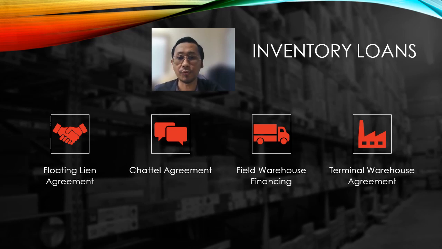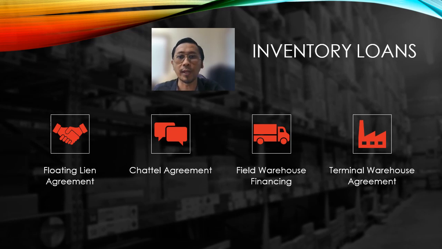Next will be inventory loans. Inventory is the second most desirable collateral for short-term loans next to accounts receivable. A lender securing a loan with inventory will most likely be able to sell it for at least its book value if the borrower defaults on its obligations. The lender will specifically look for items that can be easily sold with stable prices.